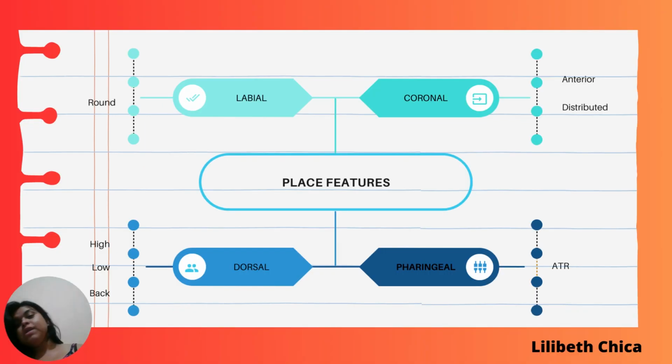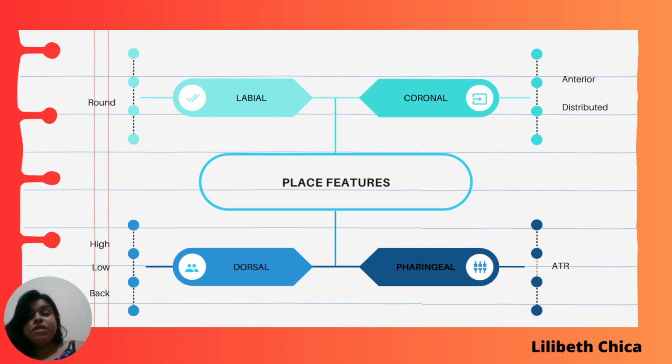Place features. There are 11 total place features, including the dependent features. Place features describe where in the mouth the primary articulator is positioned to produce a particular sound. The place features are labial, round, coronal, anterior, distributed, dorsal, high, low, back, and pharyngeal ATR. The indentation of certain features indicates dependent features.